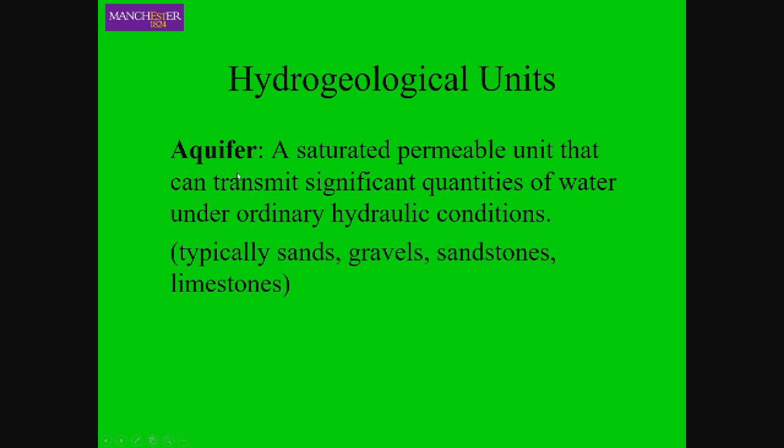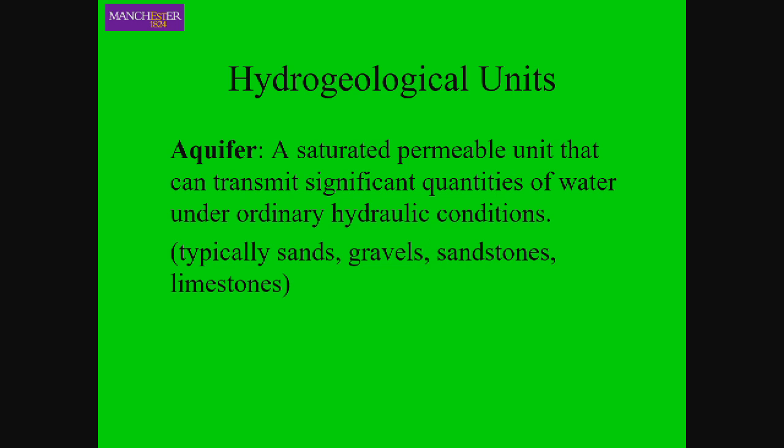So aquifers, this is what we technically mean by it. A permeable unit, which I think most people understand, that's saturated, so all the pores are completely filled with water. And it also has this part of the definition, that it can transmit significant quantities of water under ordinary hydraulic conditions.